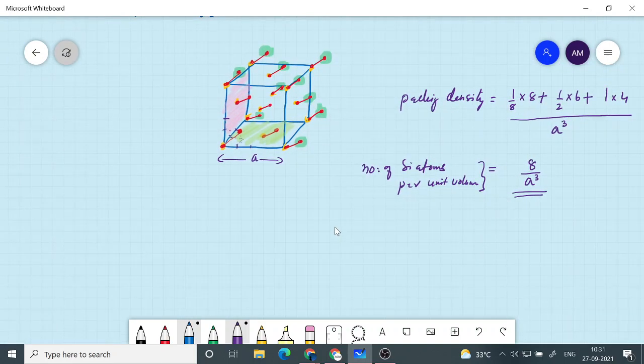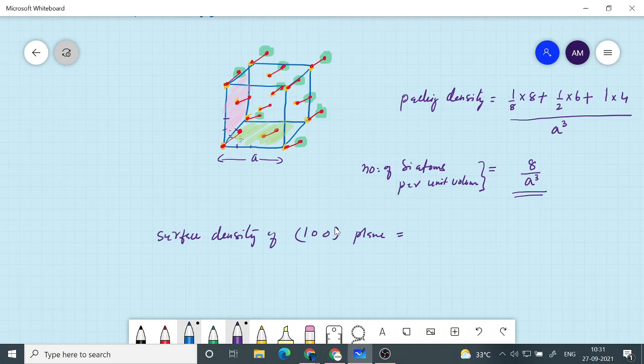One more thing, if you take the 100 plane, the surface density of the 100 plane is what?